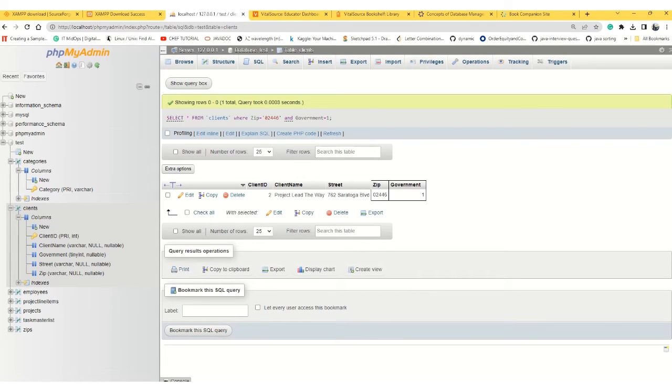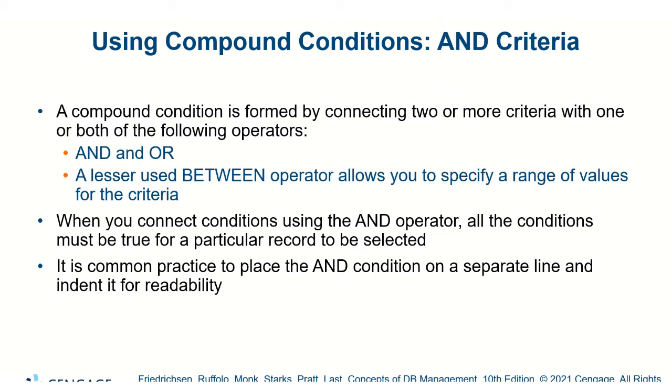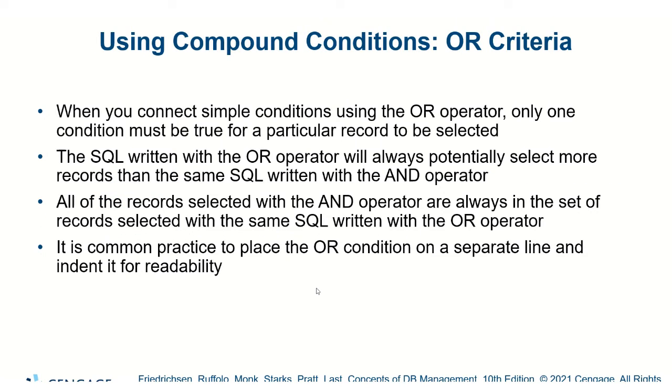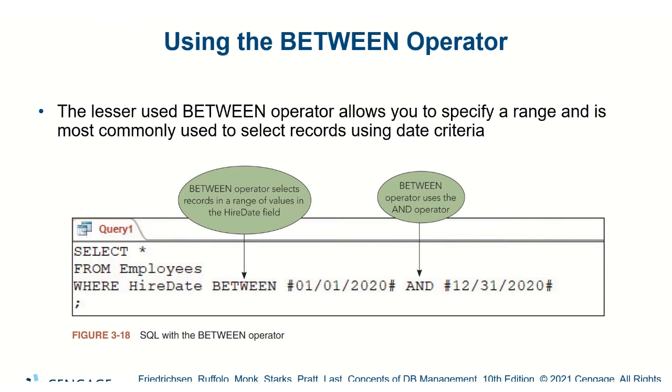Okay, so let's go back. You can have the compound condition using the OR criteria as well. I'm not going into detail. Let us say this query: select star from employees where hired date between this date and that date. In that case, your query will look like this.